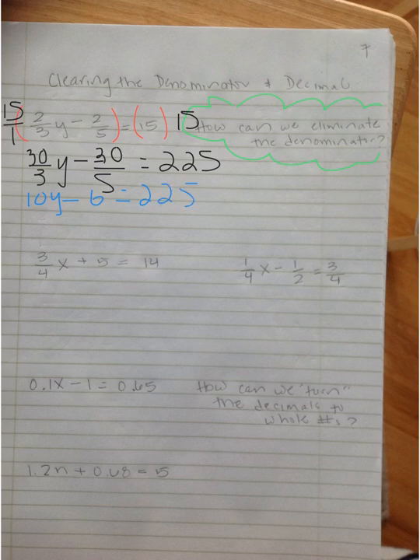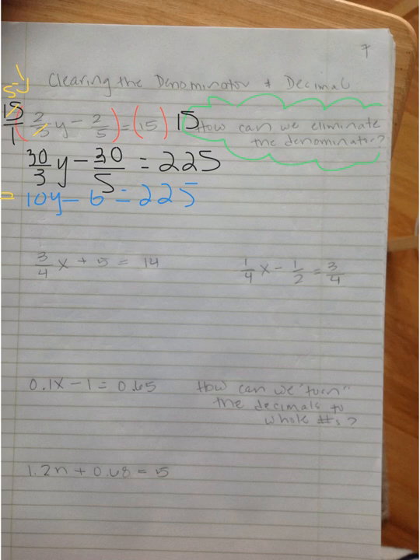Now I want you to go back up to the original problem right here, and you'll see the 10y is what we simplified to. If you just take this 3 down here and simplify it with the 15, you'd end up with a 5. And 5 times 2 gives you that 10.